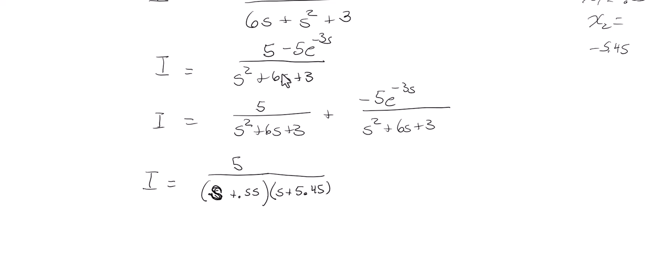Plus negative 5e to the minus 3s over s plus 0.55 and s plus 5.45.